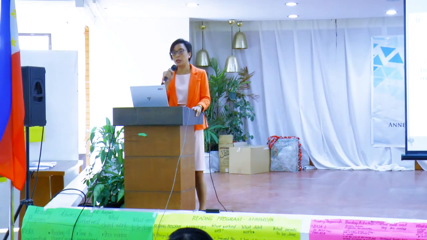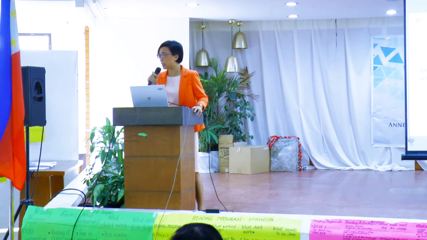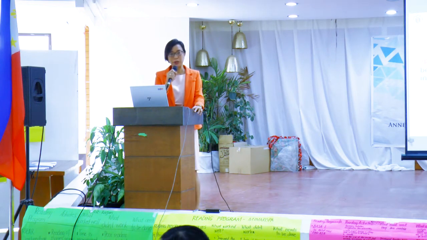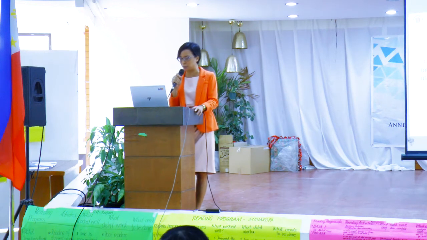For example, before we were able to give our prediction, we made inferences. We even noted some details, right? And we even came up with analyzing the cause-effect relationships, right? So therefore, predicting outcome is not a standalone reading comprehension skill.